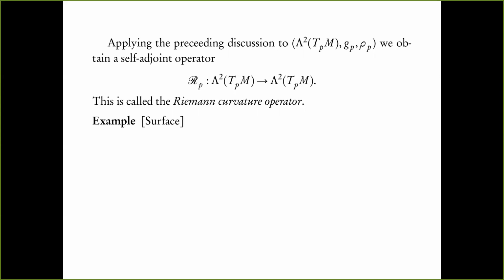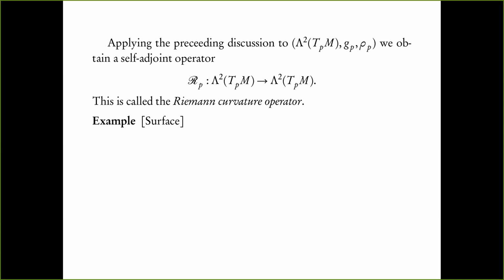So let's go back to some examples because it's always good to understand these abstract things in terms of concrete examples. So what happens for a surface? What is wedge 2 of TpM? If TpM is two-dimensional, what is wedge 2 of a two-dimensional space? So what is the dimension of wedge 2 of TpM if M is a surface? 1.